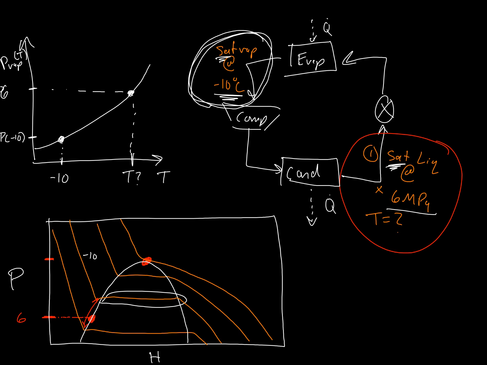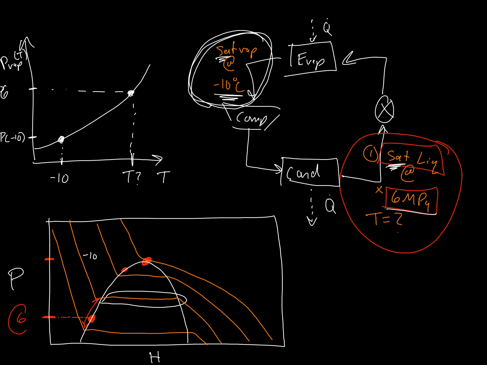Now, if you have the solutions in front of you, I drew this wrong. This is actually up here, I think. But the same thing holds true. So you're given 2 pieces of information, and the intersection of those 2 pieces tells you everything else you need to know. Piece 1 is your pressure is at 6 megapascals, and piece 2 is your saturated liquid.